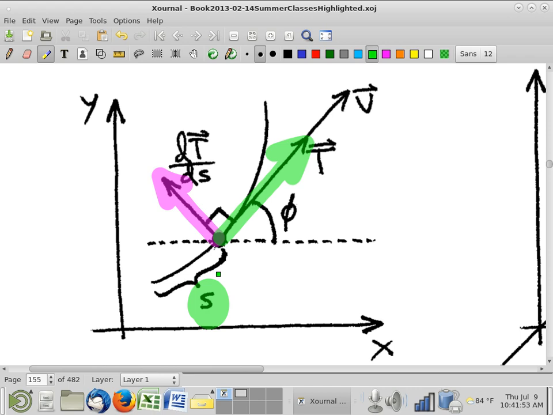It turns out, it's kind of surprising, but the magnitude of dT/ds is equal to the curvature. Interesting, quirky little fact. Okay, so that's the two-dimensional calculation y'all will be working through.